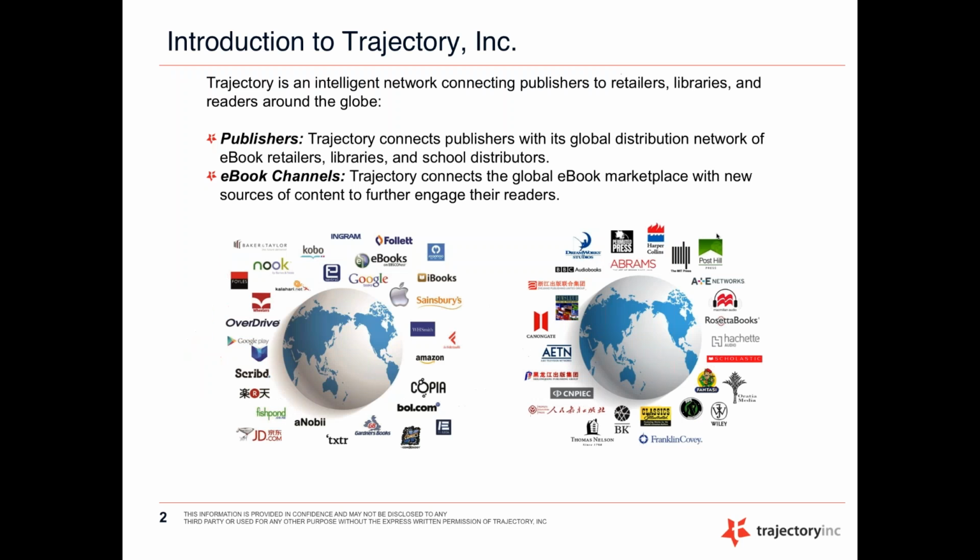So Trajectory has set up what we think is the largest global network for publishers to reach any digital sales channel in the world, whether it be libraries, mobile, retail, alternative channels like subscription channels, academic libraries, public libraries, and then conversely, we also work with some of those channels who are looking for new types of content. For instance, we placed Russian ebooks into libraries in China. We've placed Swedish ebooks into sales channels in North America.